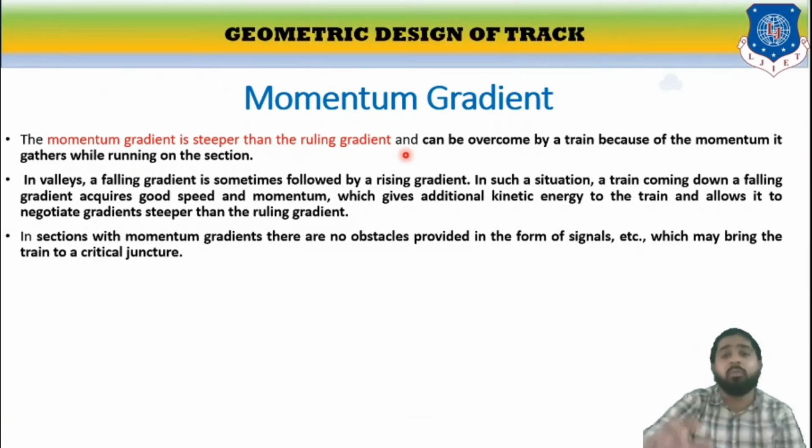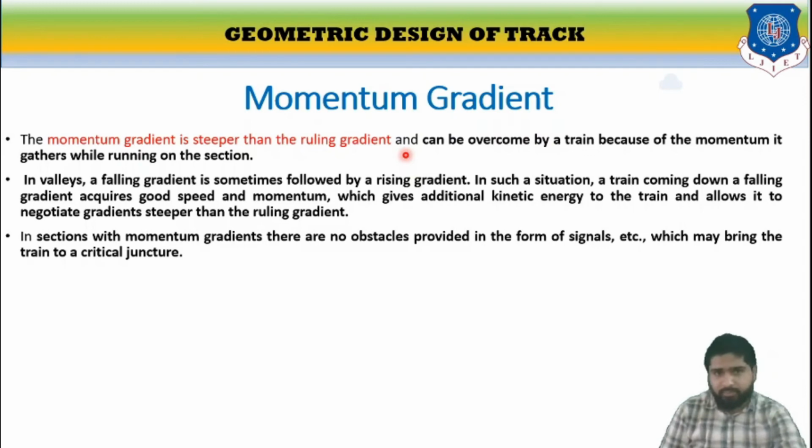Then if you discuss momentum gradient, it is just like the name suggests. It is steeper than the ruling gradient, and this is overcome by the train because of the momentum it gathers while running on the section. As we have already mentioned, the pusher gradient is used in the hilly region, while in the valley region, momentum gradient is used.